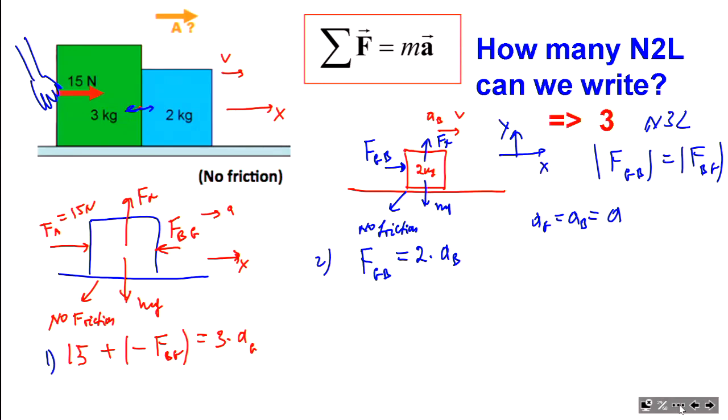But we didn't use yet the third possible system, composed of both together. What is the total mass of this system? How do we know? We can count, we can add 3 and 2.